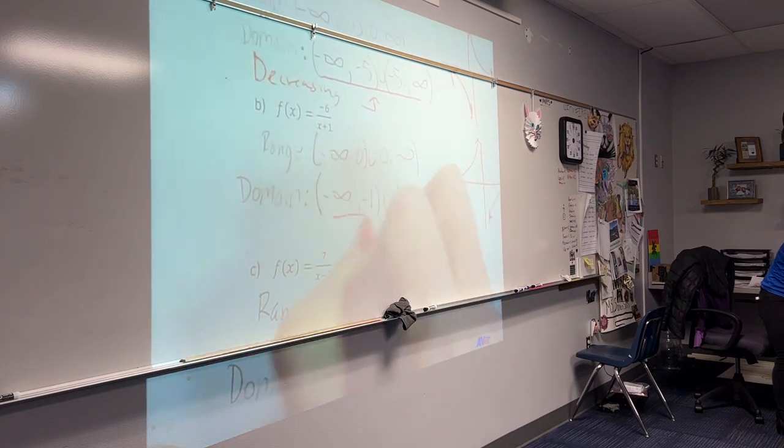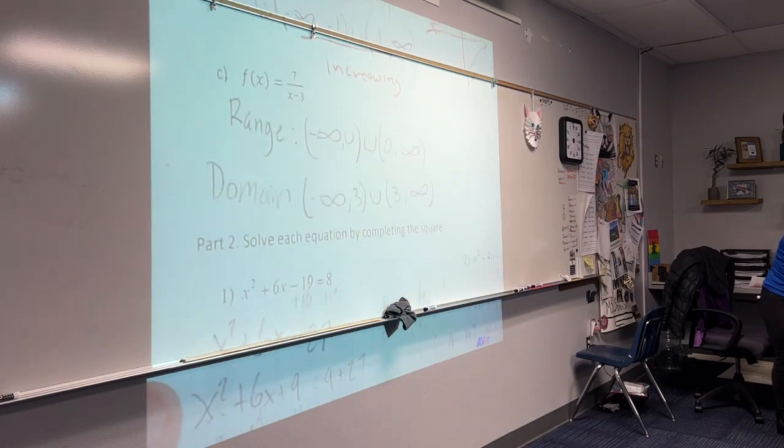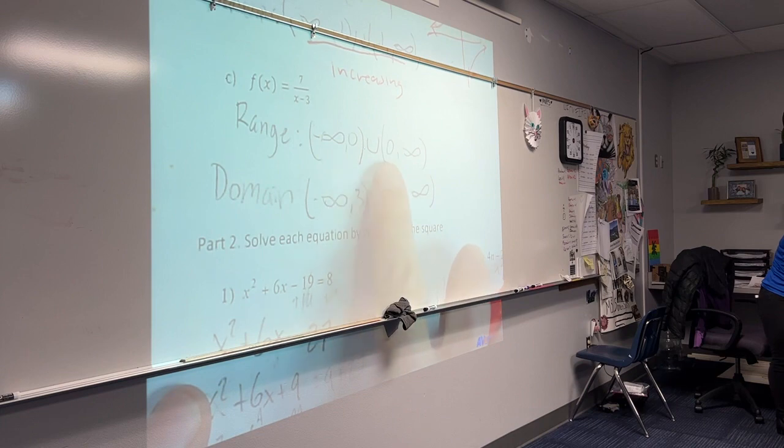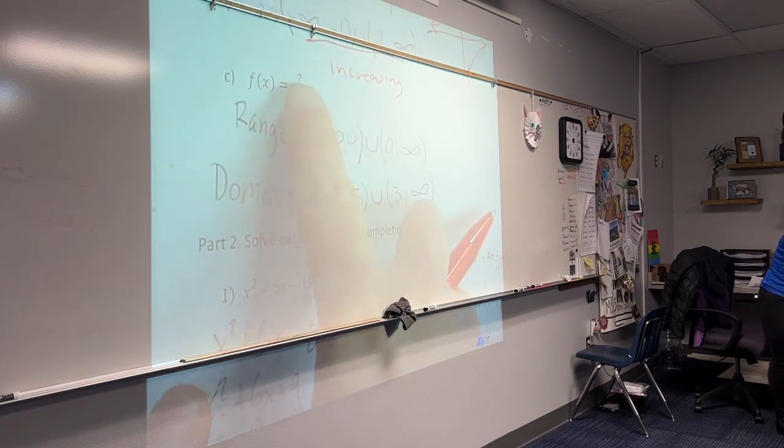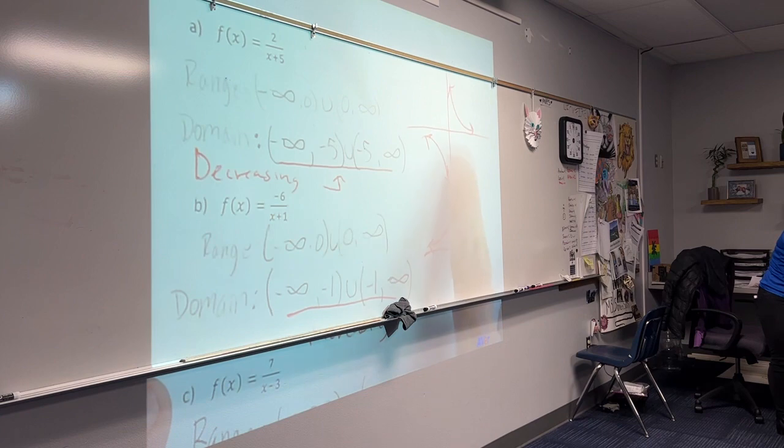So that's gonna be increasing. Okay, last one here. We've got range again is the 0, and domain we cannot have a 3. This is the positive version here, so that's gonna be more like this problem, so we are gonna be decreasing. It's gonna look like this graph here. Questions on A, B, or C?